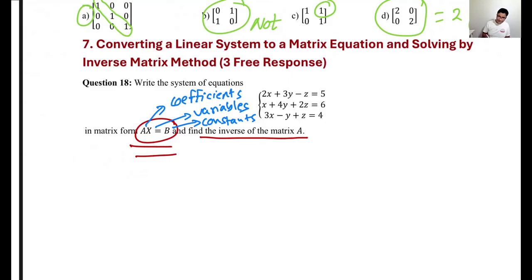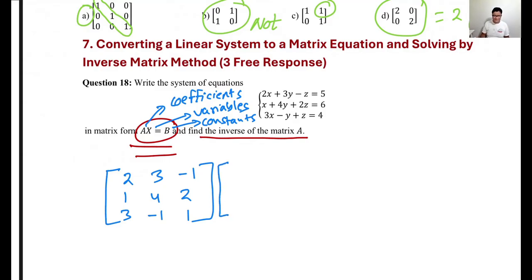Okay, let us write that. So the matrix A will be the coefficients. So 2, 3, minus 1 for x, y, and z. From the second row, 1, 4, 2, third row, 3, negative 1, 1. Right? And then X is the variables.